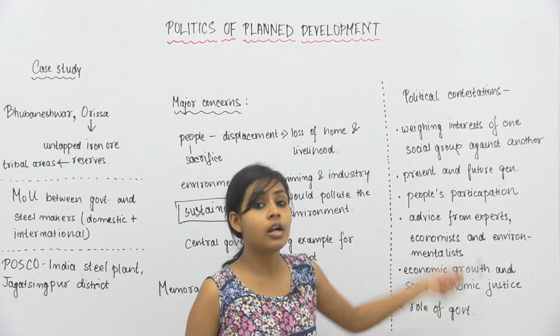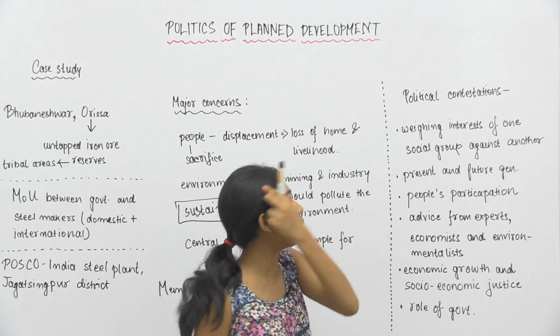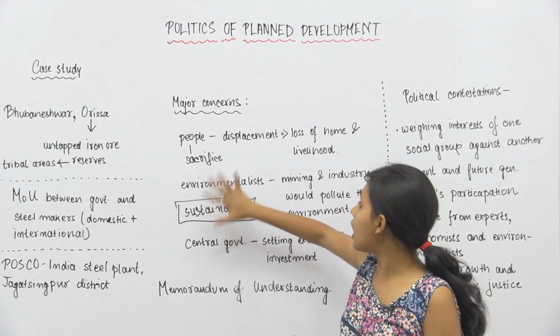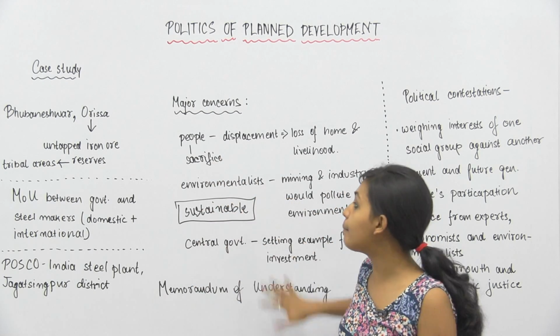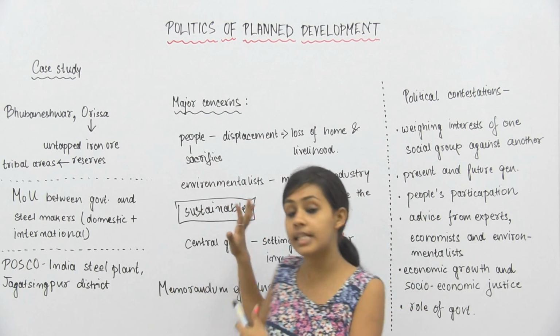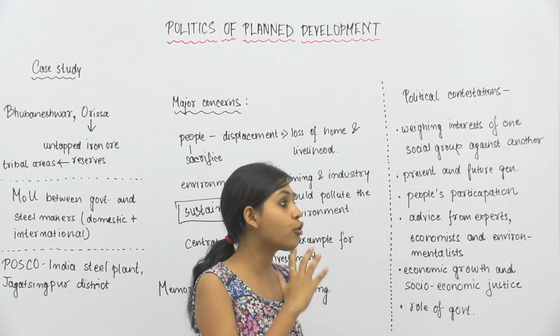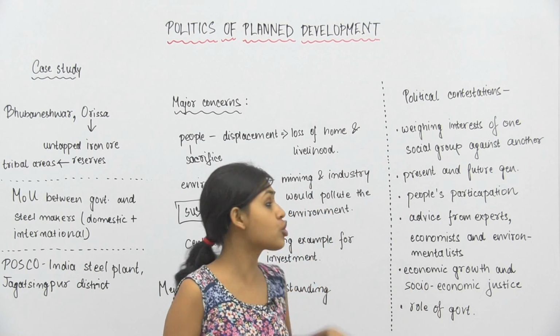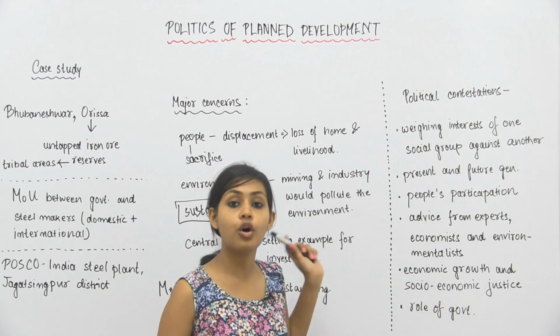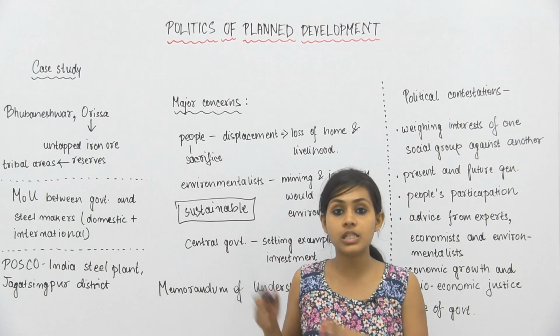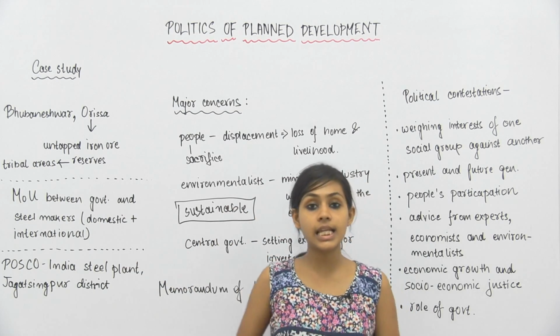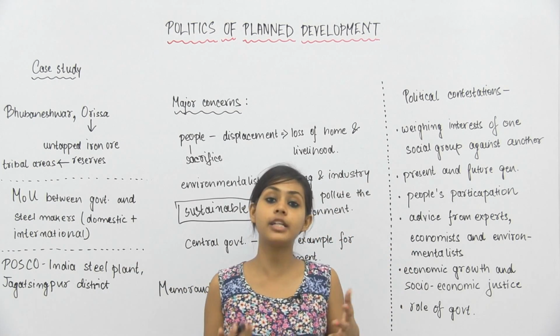So these are political contestations that result from this example that we have studied here. This example actually helps us reach broader questions of this sort. So our chapter starts with this prime example, this case study, and we'll further look into ideas of development.